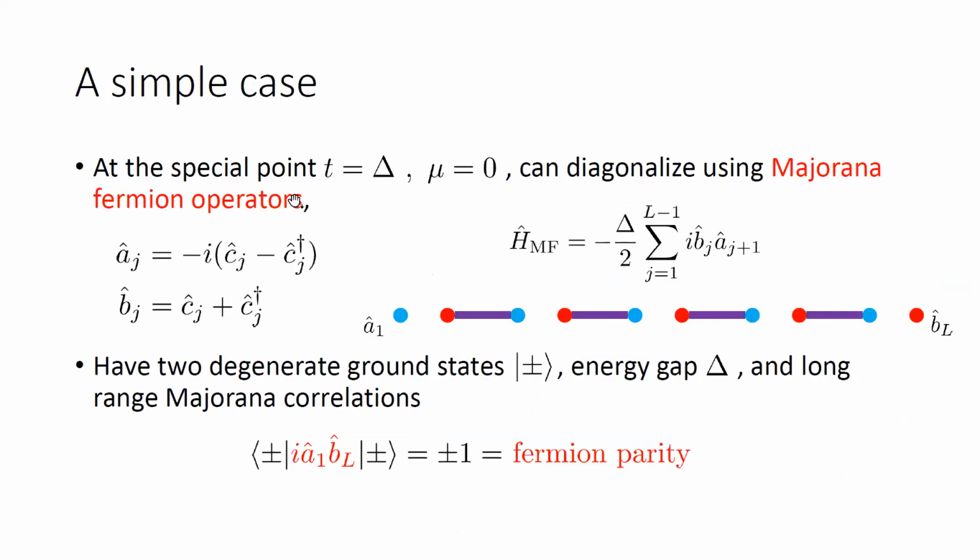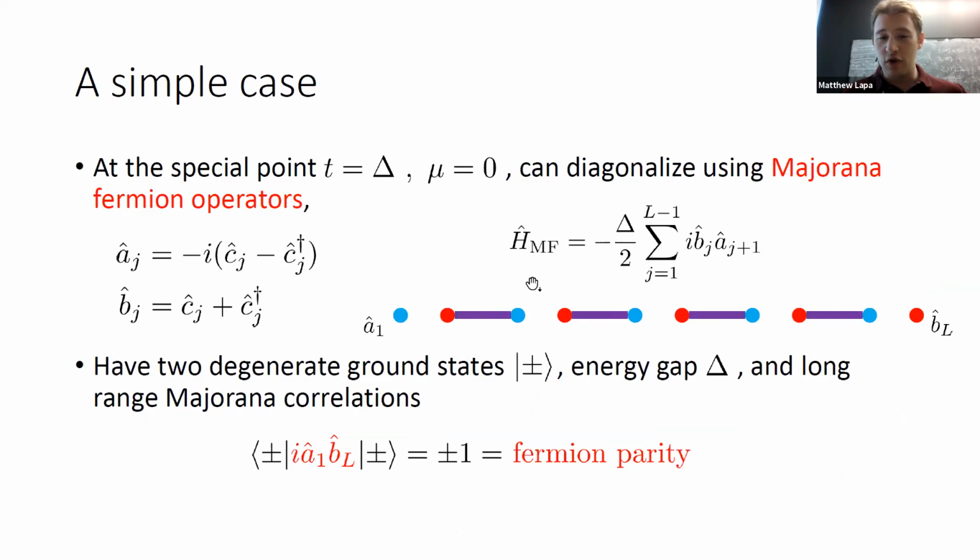If you look at this model at a special point, it's easiest to see its properties where t equals delta and mu equals 0. Here you can diagonalize this Hamiltonian in a basis of Majorana fermion operators, A and B, defined here.